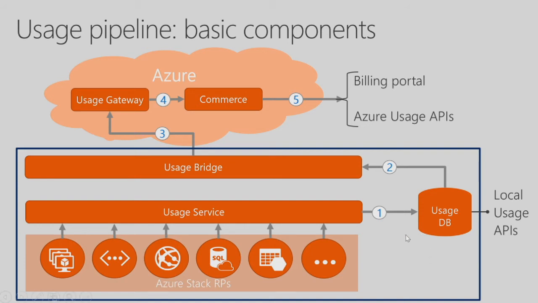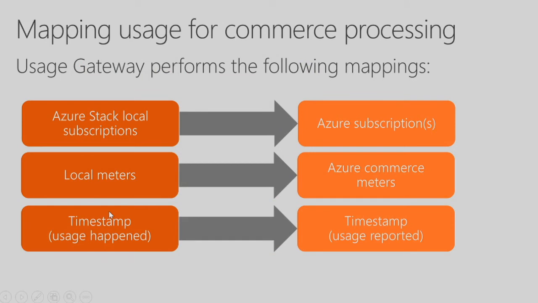Now, what I would like to do is talk a little bit more about what Usage Gateway does exactly in order to prepare the usage information created on Azure Stack for submission to Commerce. Usage Gateway essentially does three classes of operations. It takes the local subscription that had been used to tag the usage information in Azure Stack.